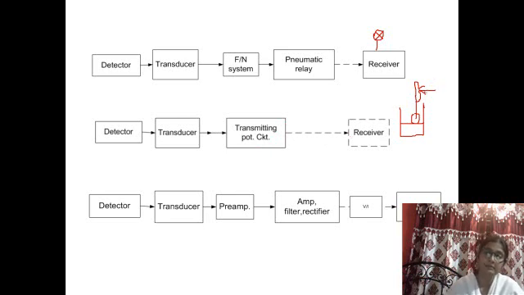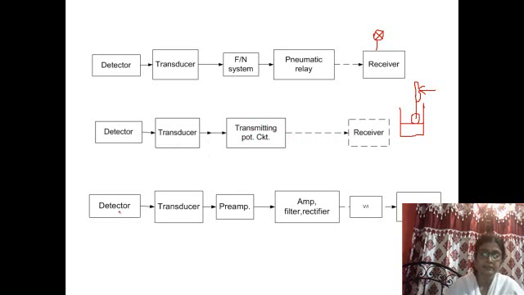So the measured electrical parameter will change. For an electrical type transmitter, there exists a transmitting pot in order to transmit the signal. Again, the current signal is typically of 4 to 20 milliampere range.